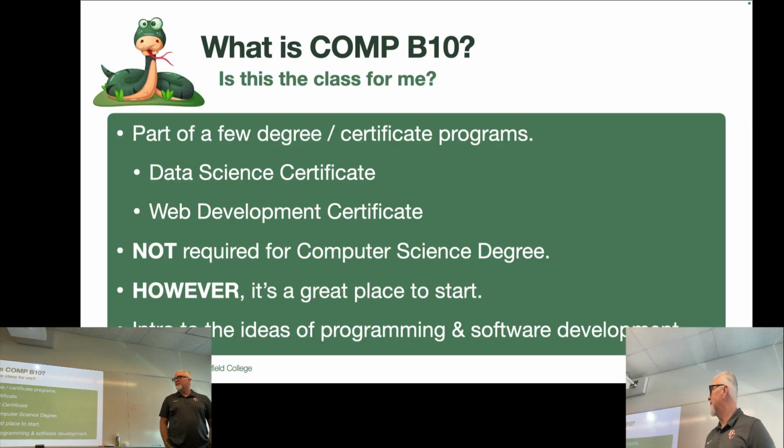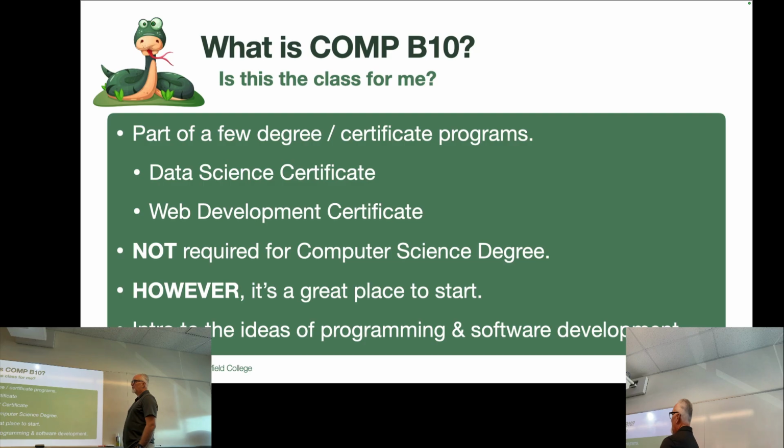This class, Computer Science B10, just to be very, very clear about what this class is and is not, is not a requirement for the computer science degree program at Bakersfield College. If you're wanting to pursue computer science, this is not part of the program. That sequence of classes is B11, B12, B13, B14, plus some calculus.